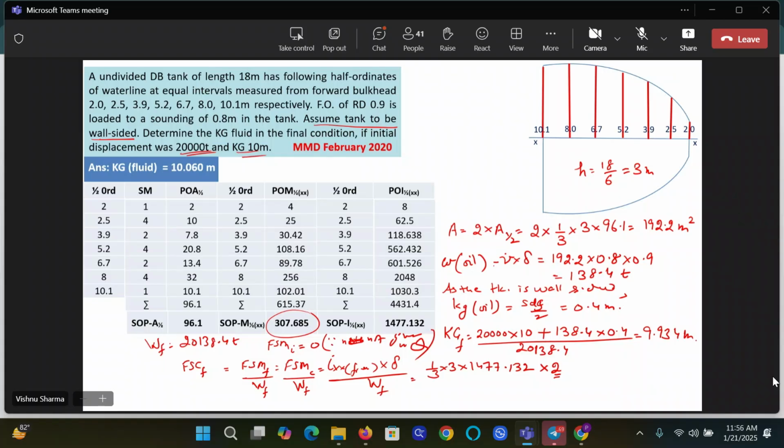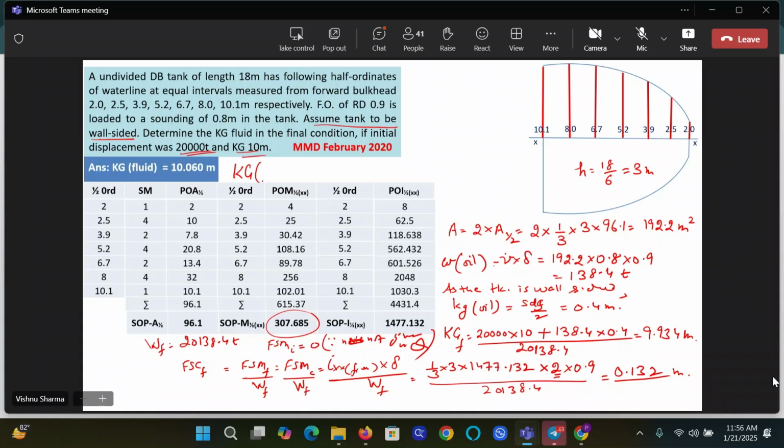Yes or no? Correct, Raj? Yes, sir. Sometimes people miss out on this. Multiplied by the density, 0.9, divided by the final displacement, 20,138.4. How many meter is the FSC, beta? Final? 0.132 meters.